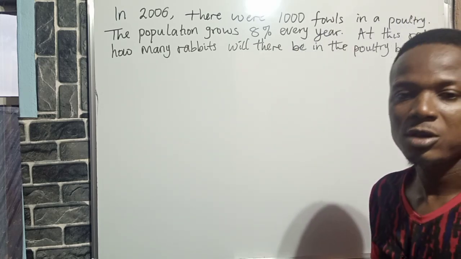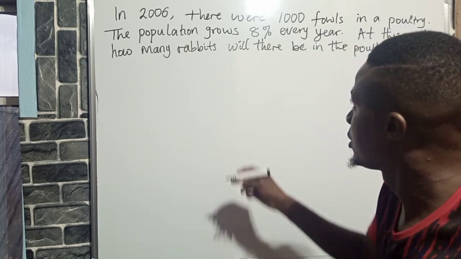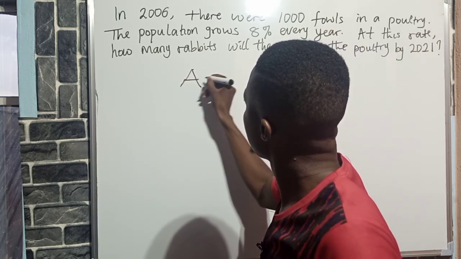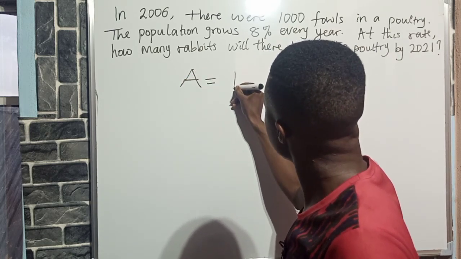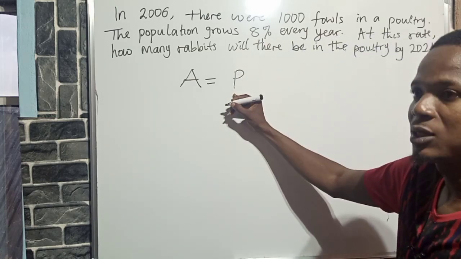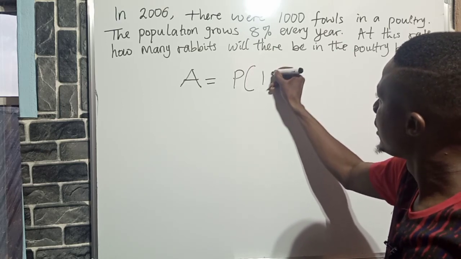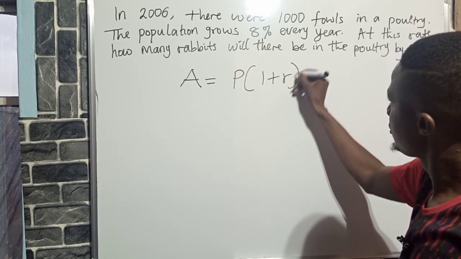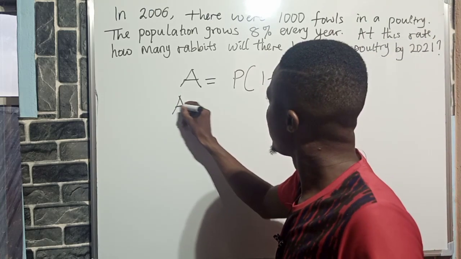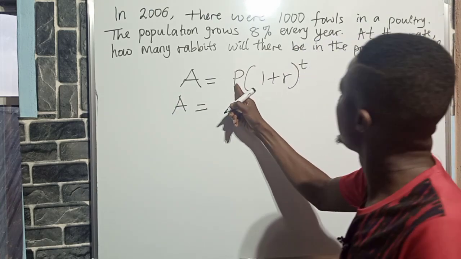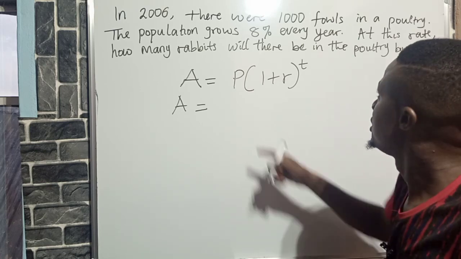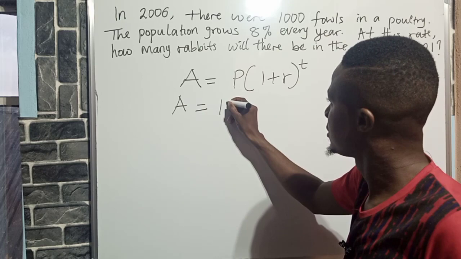Now, the compound interest formula for growth tells us that the amount of fowls that will be there is given by the initial number of fowls, which we can represent with P, into 1 plus the rate, then raised to the power of time. So the total amount will be the initial value P, which in compound interest we call the principal. The initial number of fowls is 1,000.